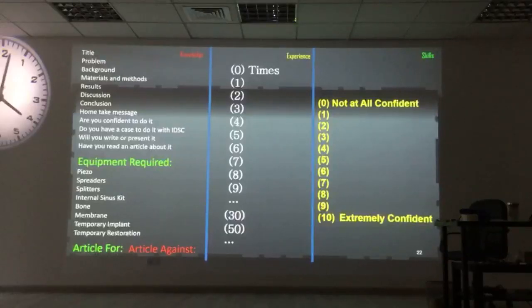The more you do, you increase your skills. This is how you evaluate your own skills. Because many people say skills is not quantitative, it's only qualitative. Now we made a formula to quantitatively measure your skills. So this is one way you can quantify your skills. Thank you very much.